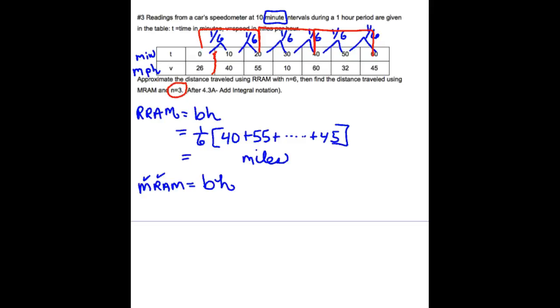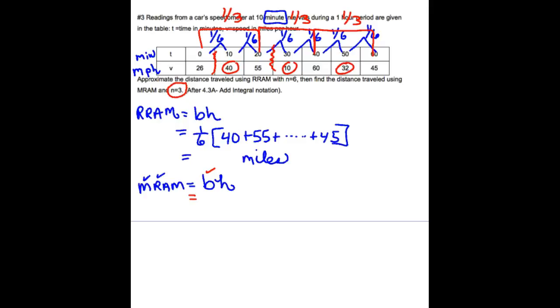What that does for my rectangles is it doubles the length of all their bases. So this would be a 20-minute interval, or a third of an hour, a third of an hour, and a third of an hour. So I'd have 3 rectangles, and I now know that in the middle of each of those intervals, I know the value. See, with the table, I can't figure out what happened at, like, say, 25. I have no idea, so I have to expand my interval length.